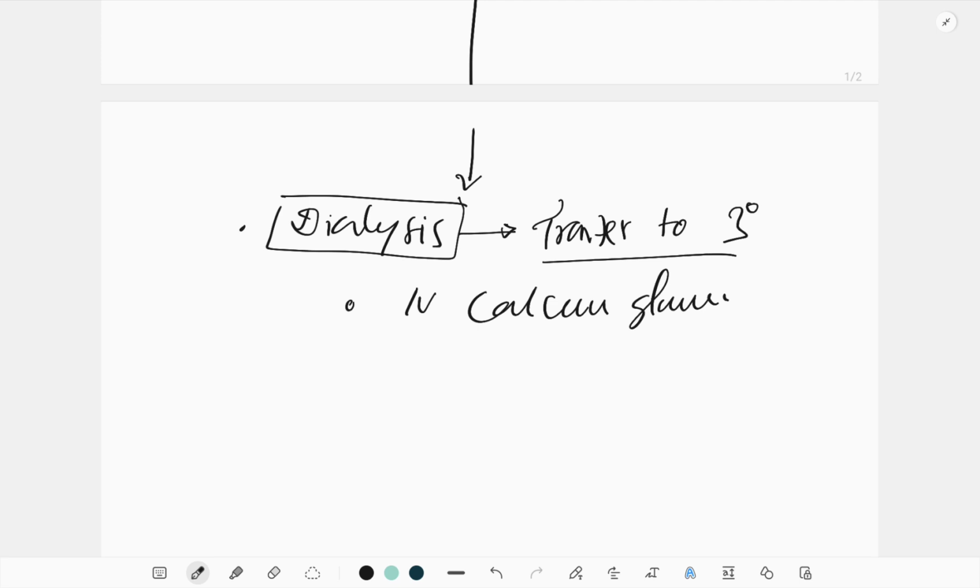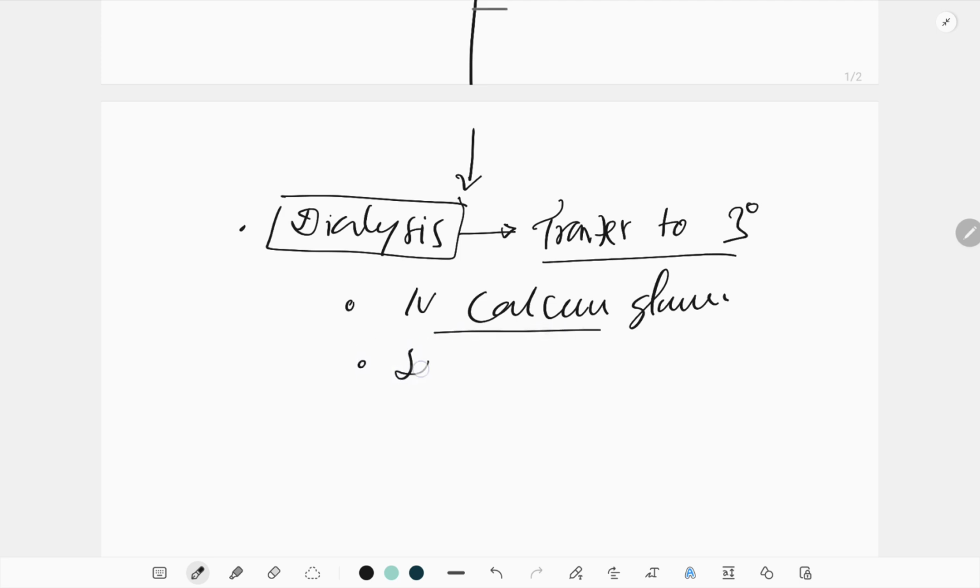This is the number 1 treatment modality that should be given in this category of patient to stabilize the cardiac membrane, to prevent or treat cardiac arrhythmia. So the first point is giving IV calcium gluconate.